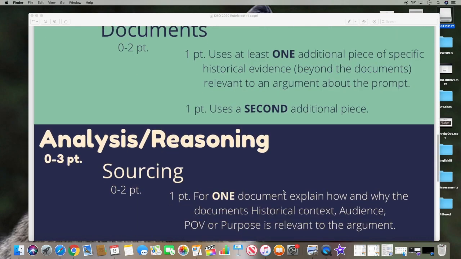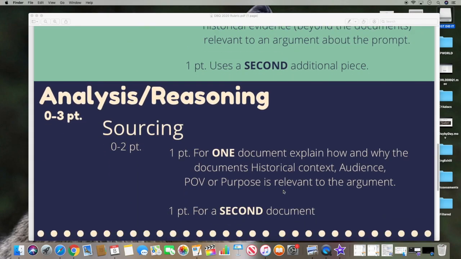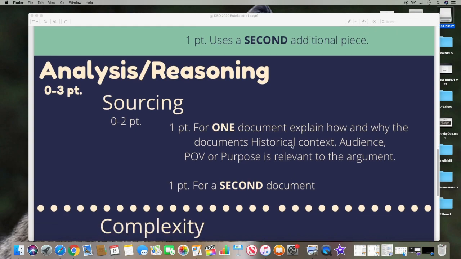The analysis and the reasoning. This is where you explain how and why the document's historical context or audience or point of view or purpose is relevant to the argument. This is where you want to look at who wrote the document and weave that into your argument as to how that person's experience is relevant to your argument.